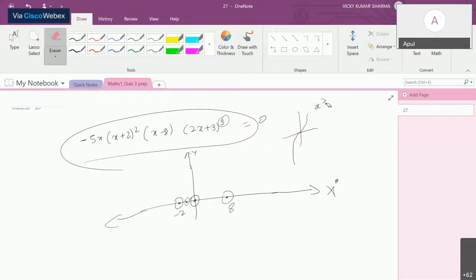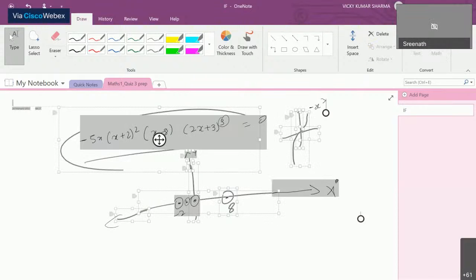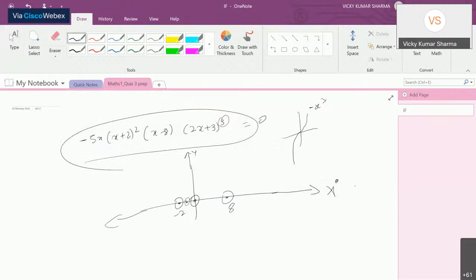Then had it been minus x cube, how would this graph have been? It would be flipped around the y-axis. So this would have been something like this, right?